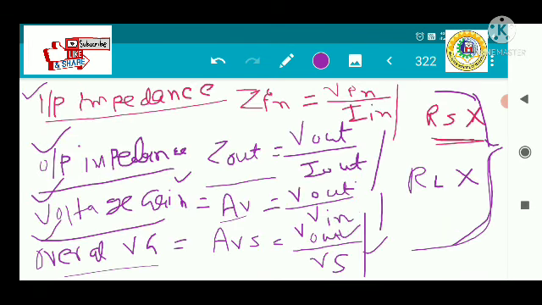And if you have a good command over network analysis, then the calculation of this parameter is very simple. So this is the parameter we will study in the AC analysis, or the small signal analysis.